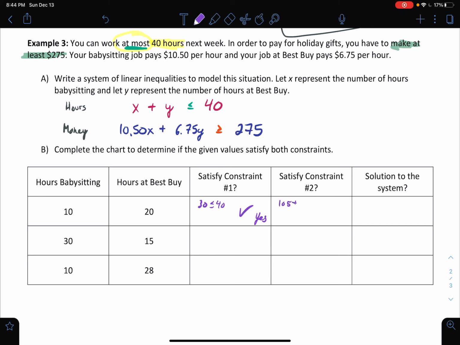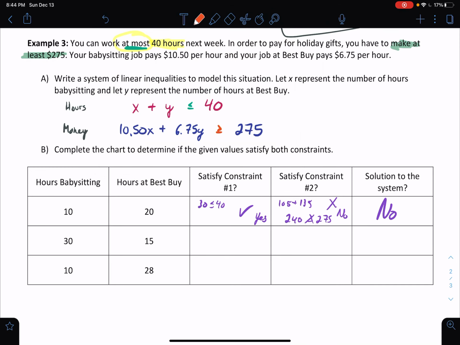Plus 20 times 6.75, that's 135. All right, 105 plus 135 is 240. Is 240 greater than or equal to 275? No. Okay, so since it didn't satisfy both, it is not a solution to our system.